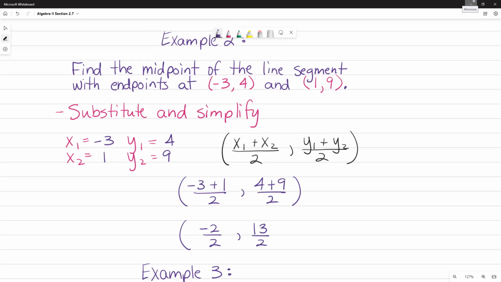For ordered pairs, it probably is nice to have a mixed number because it gives you a better idea of what two whole numbers it's in between. But -2 over 2 is -1. So we know our x point is -1. Our y, 2 goes into 13 6 times with 1 left over. So it's 6.5. And there's our midpoint.